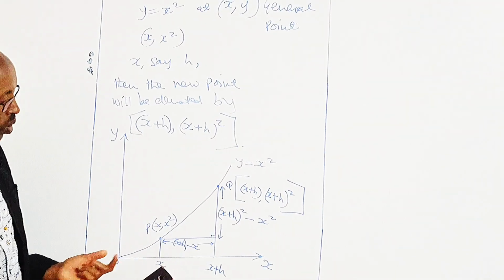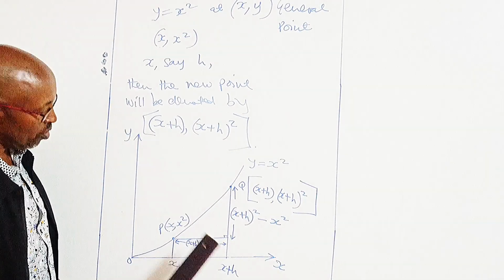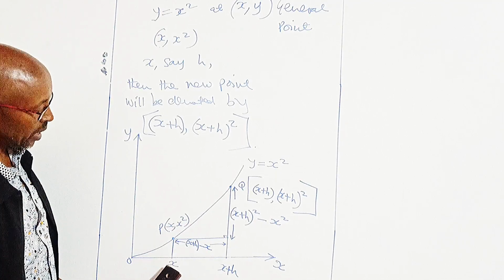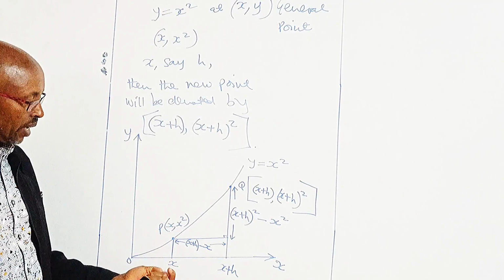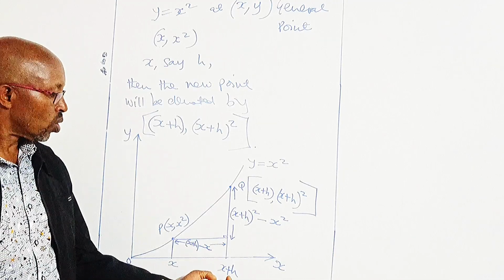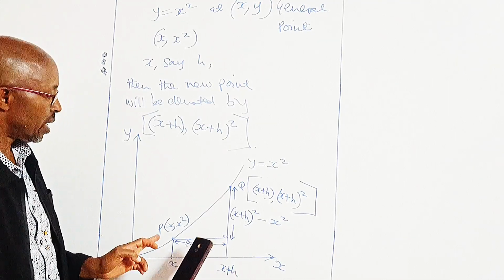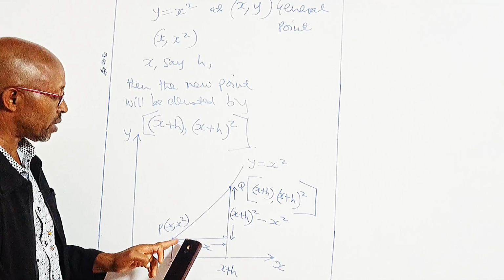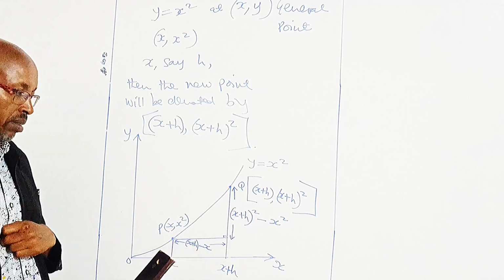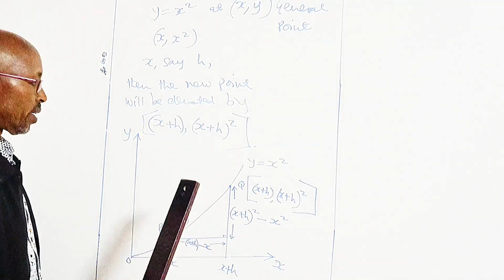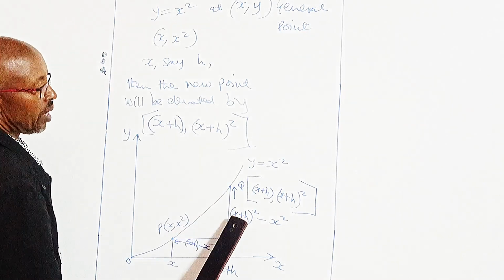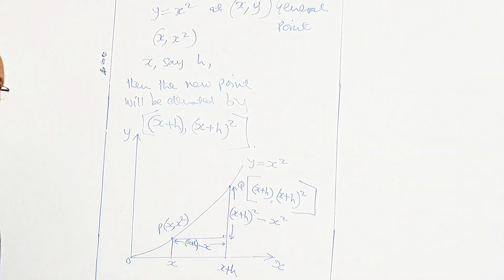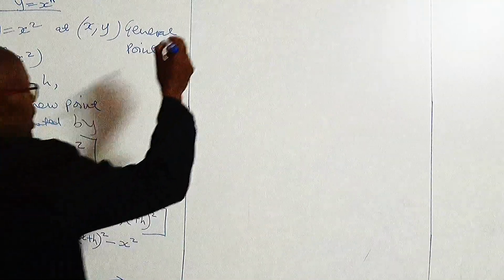From the diagram, we can see that moving from point P, x, x squared, to x plus h, the change in x is x plus h minus x. And the change in y will be (x plus h) squared minus x squared.